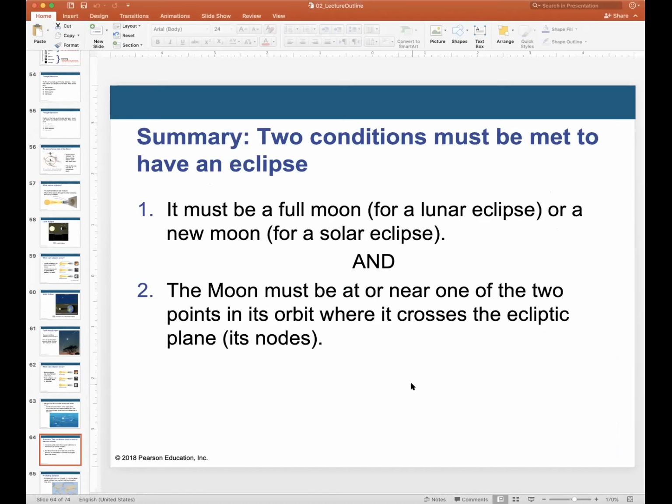So just to give you a summary of the conditions to be satisfied when we're talking about eclipses, it must be a full moon for a lunar eclipse or a new moon for a solar eclipse. And the moon must be at or near one of the 2 points in its orbit where it crosses the ecliptic plane.